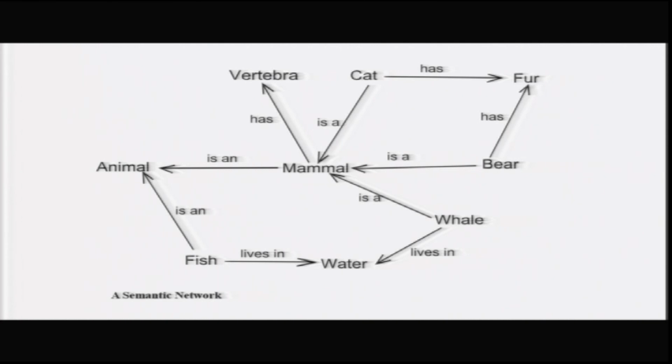Nodes are particular characteristics, and each of these nodes is linked by arrows which are called links. Links are functional features. So for example, mammal has a vertebra, cat has fur, all of these are links. So cat and fur, what is the link between them? Cat has fur. Cat and mammal, what is the link between them? Cat is a mammal.